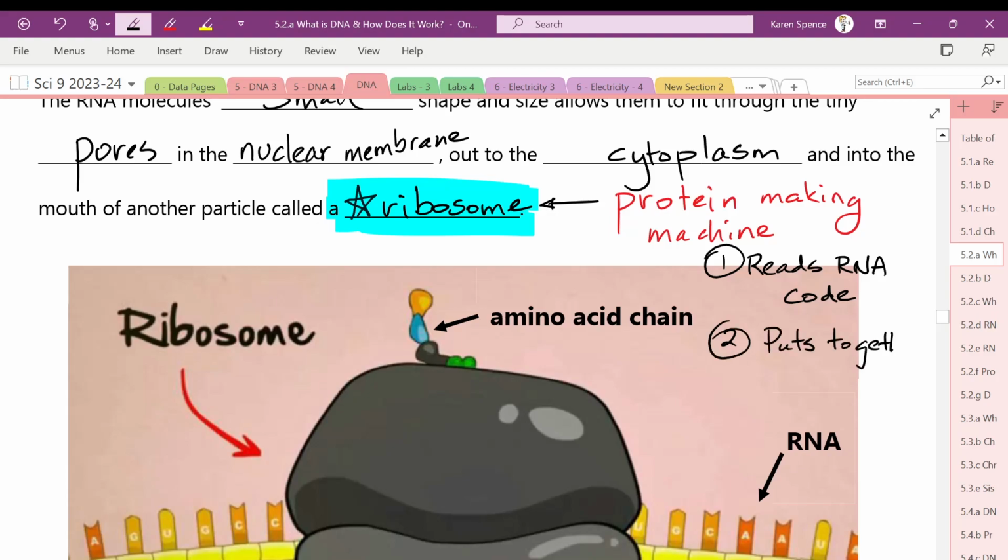It puts together amino acids in the correct order.